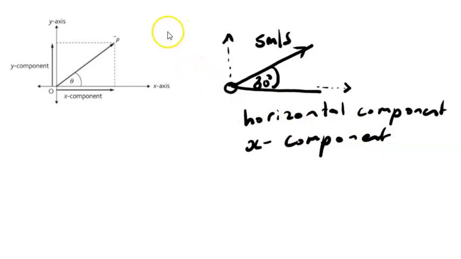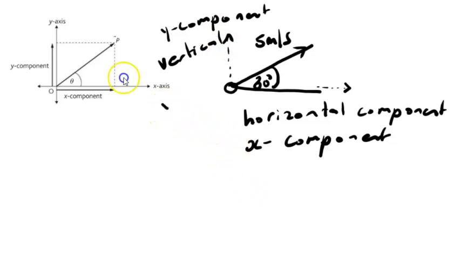This one, based on the diagram beside us, we might call the y component, and this might be called our vertical. For short, I'm going to call it the y component, and for short I'm going to call this the x component. So we're going to resolve this vector into its two components, its y component and its x component.